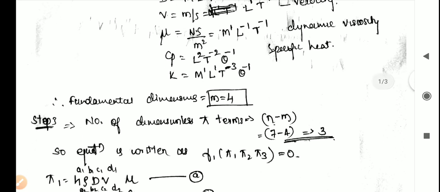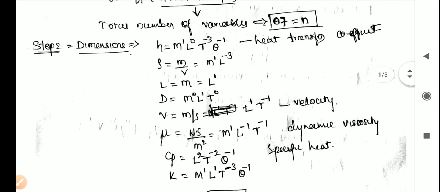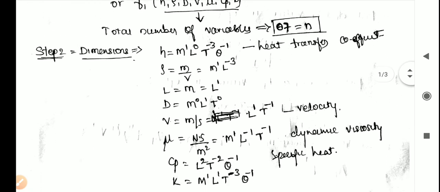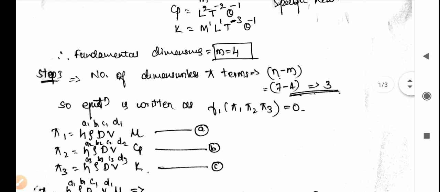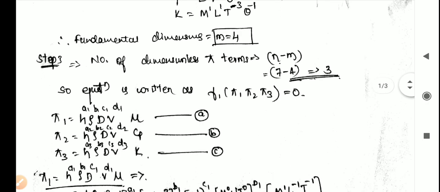So number of dimensionless pi terms we have to find here, that is n minus m. Okay, so total number of variables minus fundamental dimensions. Okay, so n minus m is equal to 7 minus 4, that is equal to 3, right? So the equation is written as f of pi 1, pi 2, pi 3 equal to 0. Okay, so 3 terms, so pi 1, pi 2, pi 3.